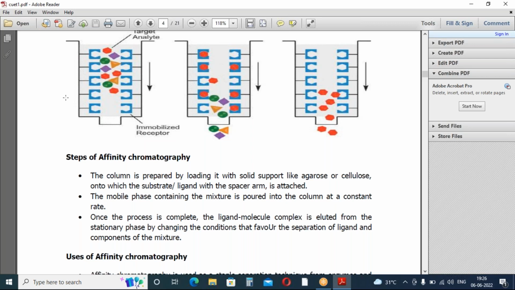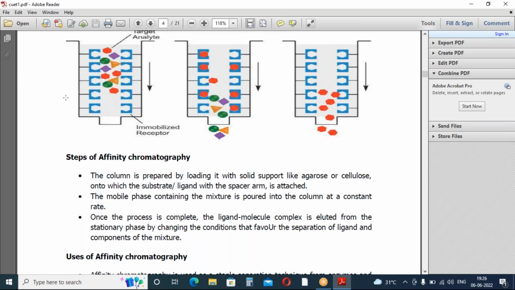The stationary phase in the column is prepared by loading solid supports like agarose or cellulose. These are porous particles that attract molecules present in the mobile phase, onto which the substrate ligand with a spacer arm is attached.